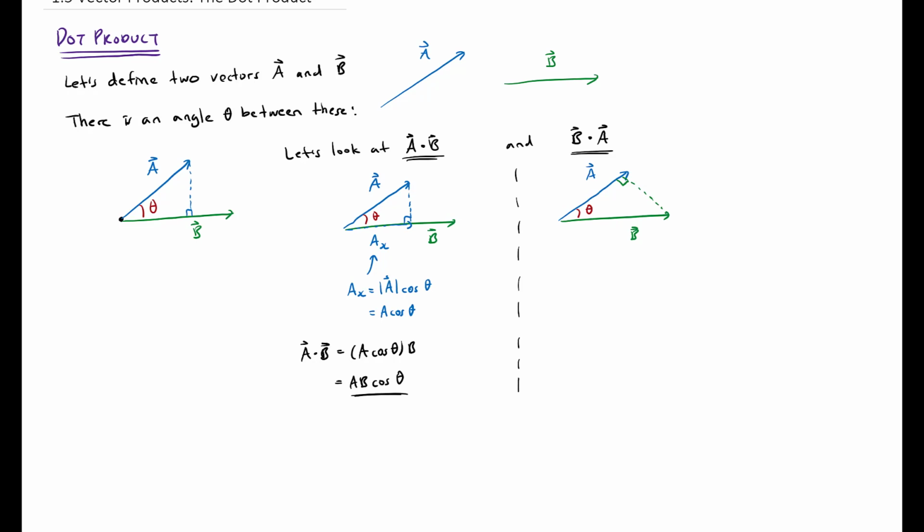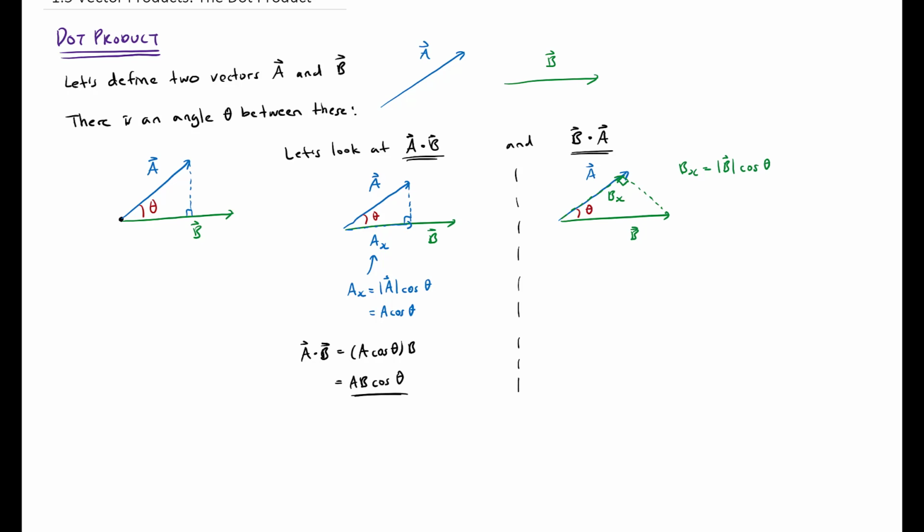If we create a right angle triangle like this, then there's going to be a length here that's equal to, let's just say, BX. And we know that BX is going to be equal to the same thing. So we have the magnitude of B cos theta, because cosine of theta is equal to adjacent over hypotenuse.